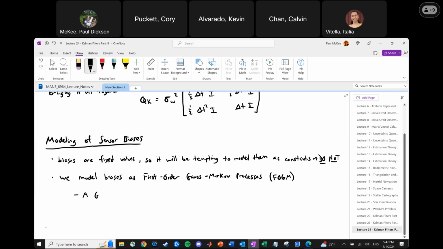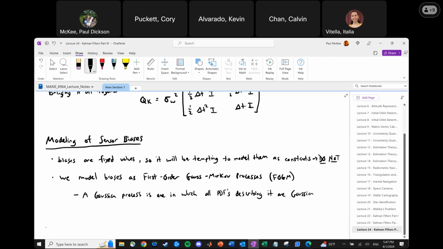A Gaussian process is one in which all of the probability density functions describing it are Gaussian. So you might be saying to yourself, how is there more than one probability density function?